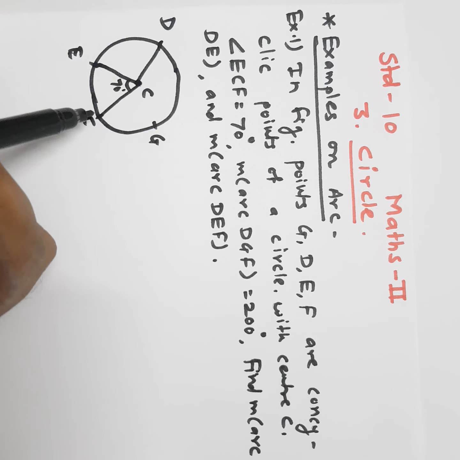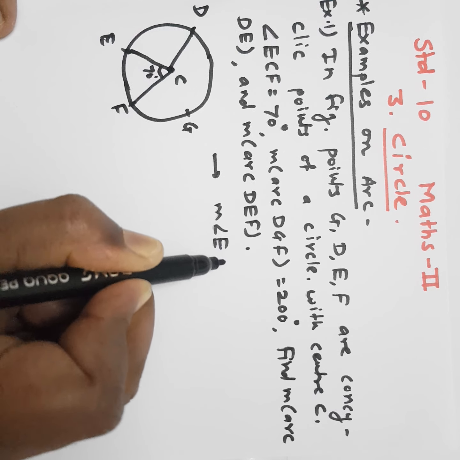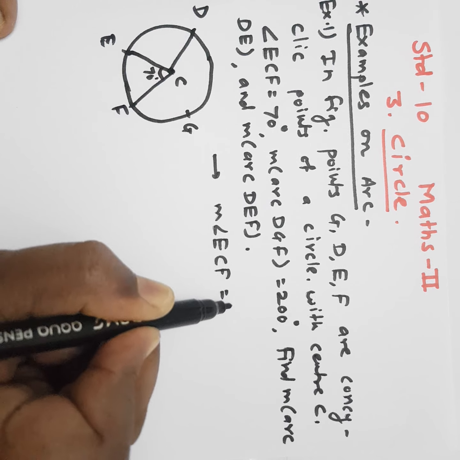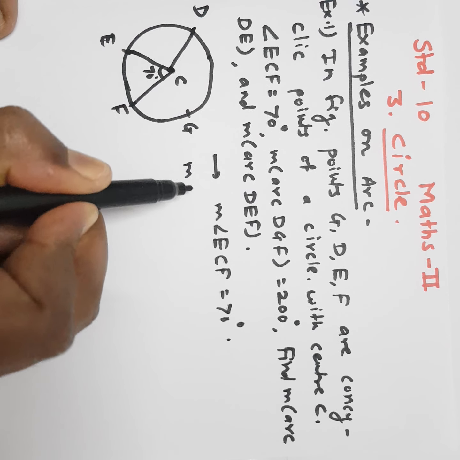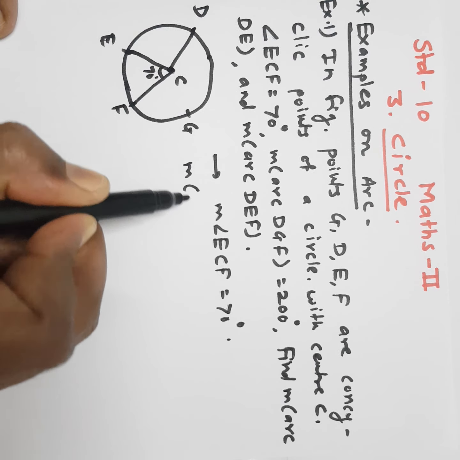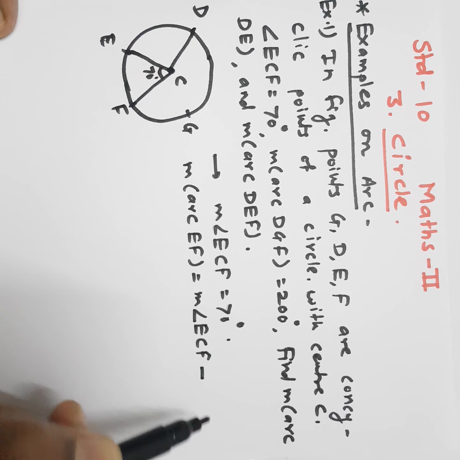Here the measure of angle ECF is equal to 70 degrees. The measure of arc EF will be equal to the measure of angle ECF.